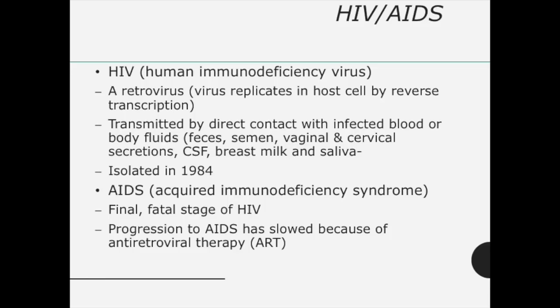AIDS is that acquired immunodeficiency syndrome that goes along with HIV. So you can have HIV and not have AIDS, but there's no way to have AIDS without having HIV. It's the final stage of HIV. The progression to AIDS has slowed since we started the antiretroviral therapy.